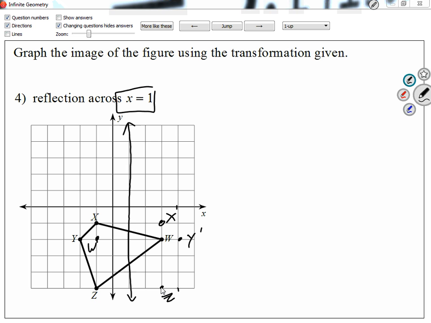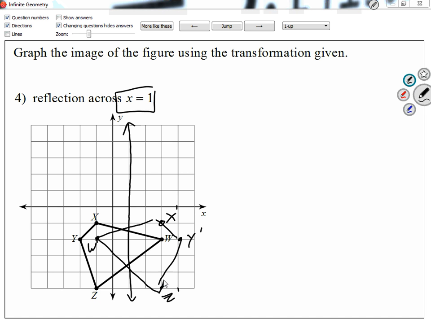Like the Z is 2 spaces from the mirror, Z prime is 2 spaces on the other side. Then just connect your points. Once again, my pictures overlap, but I was expecting that.